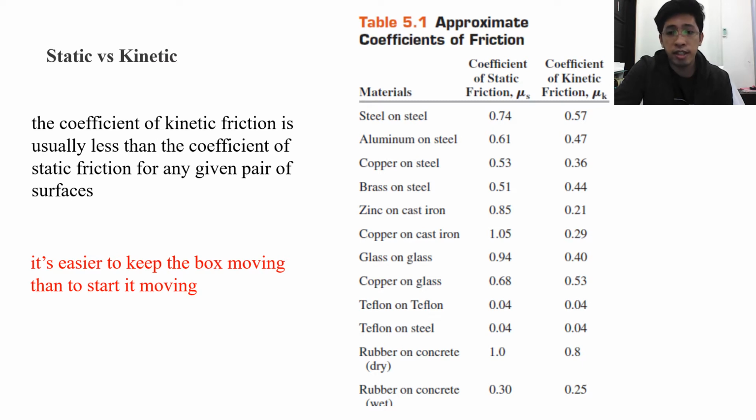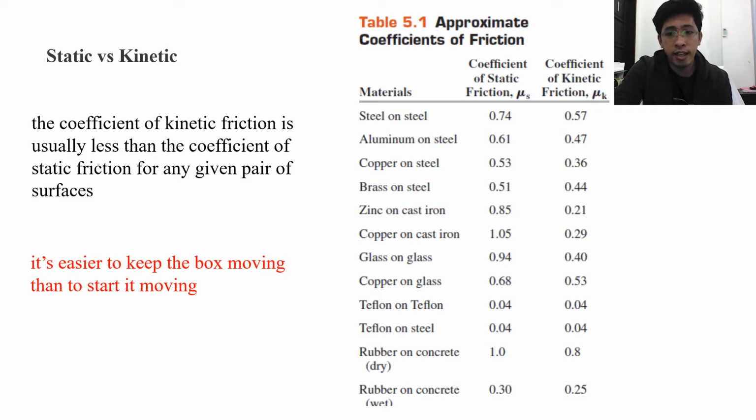Your coefficients are dimensionless. Another example is rubber on concrete, say, your wheels on a highway. The coefficient of static friction is 1 and for kinetic friction that is 0.8. For rubber on wet concrete, the coefficient of static friction is 0.3 and the coefficient of kinetic friction is 0.25.